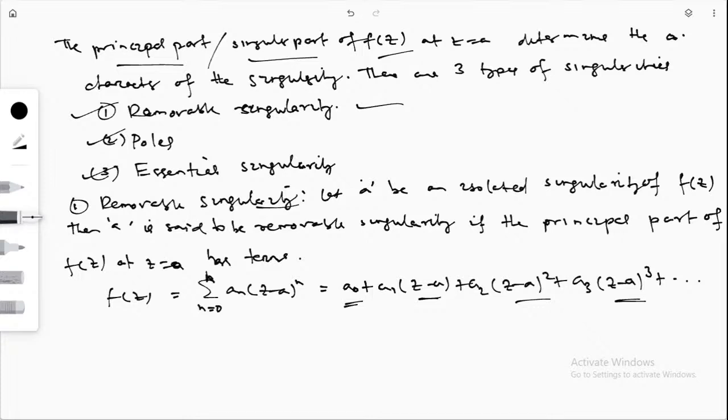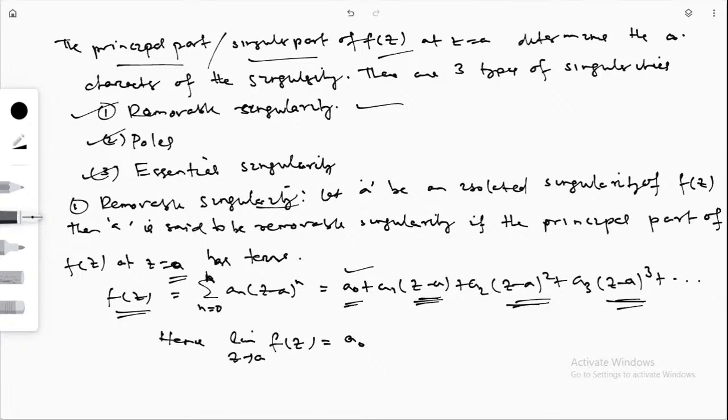So how can the singularity be removed? Since a is a singular point, at z equal to a the function is not defined. If I take the limit as z goes to a, f of z is equal to a naught, because z minus a will be 0 in every term, so only a naught is left.